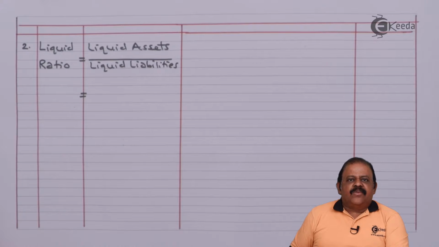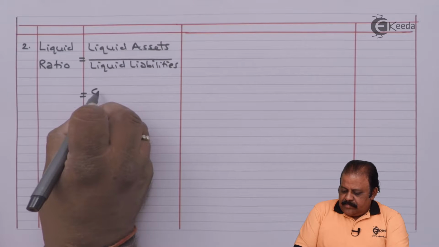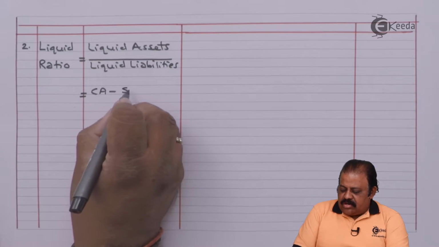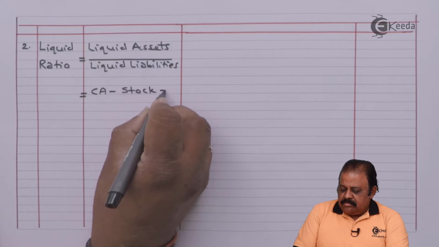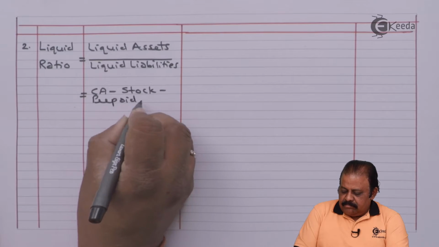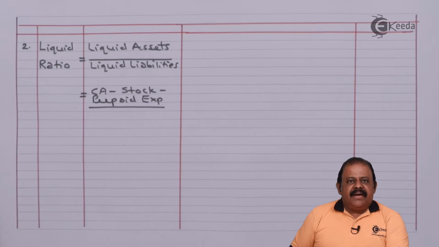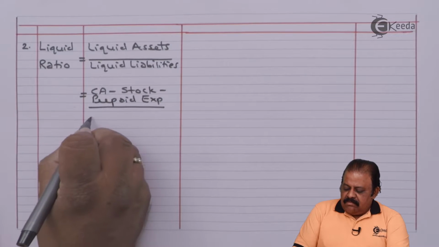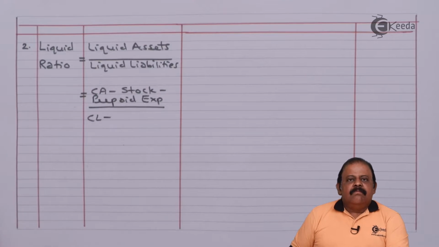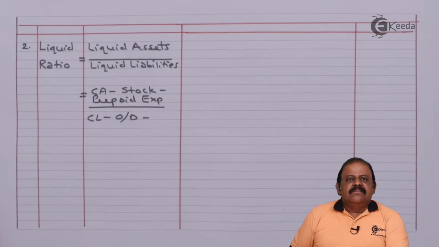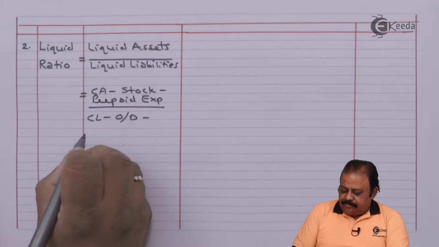Liquid assets we can calculate with the help of current assets: current asset minus inventory or stock, minus prepaid expenses, divided by liquid liabilities. We can calculate current liabilities minus overdraft, minus income received in advance.